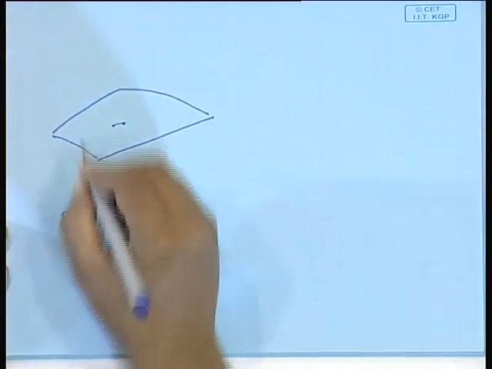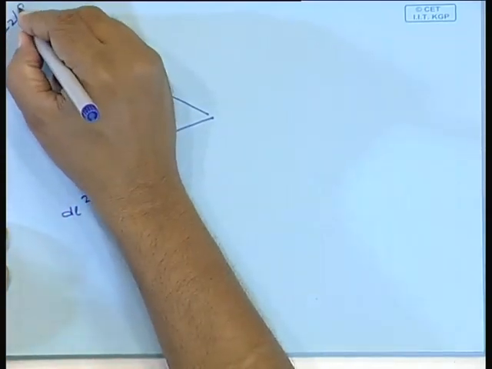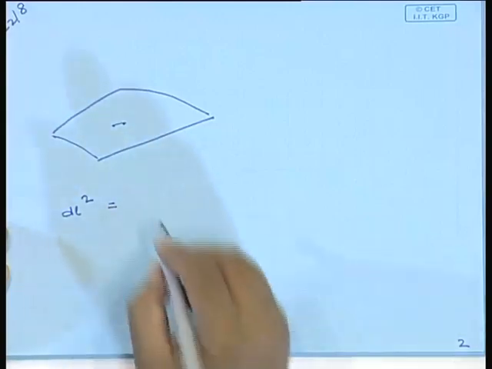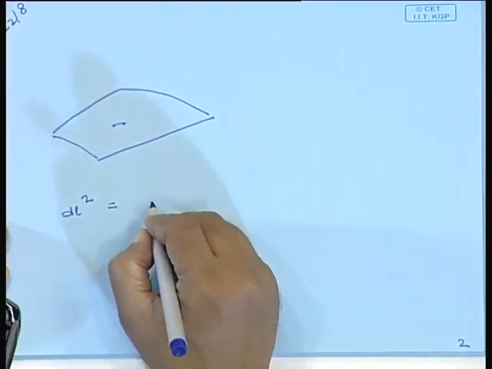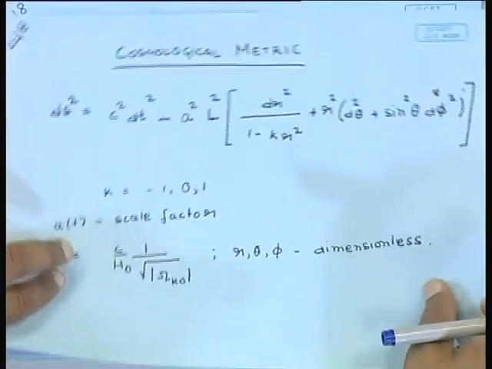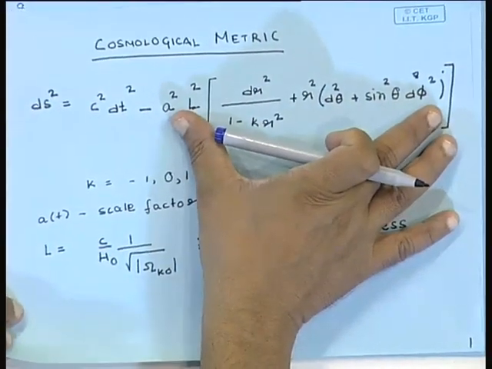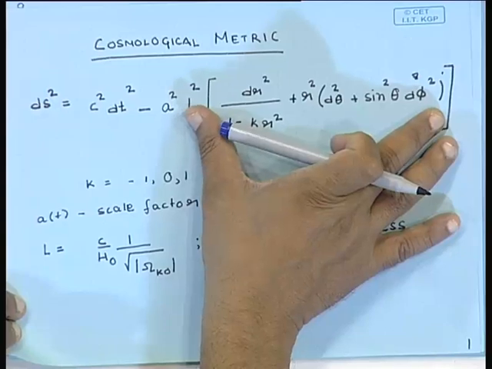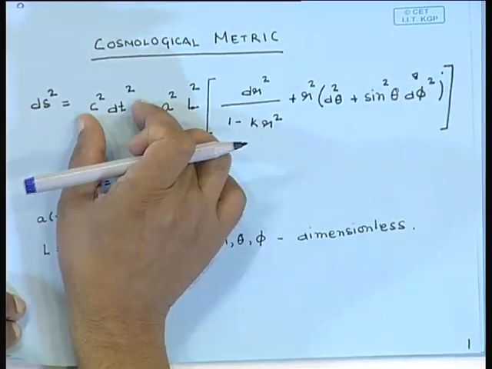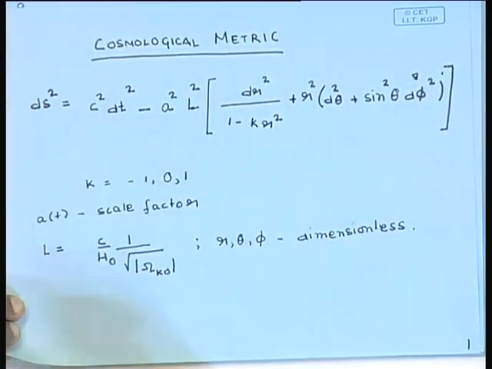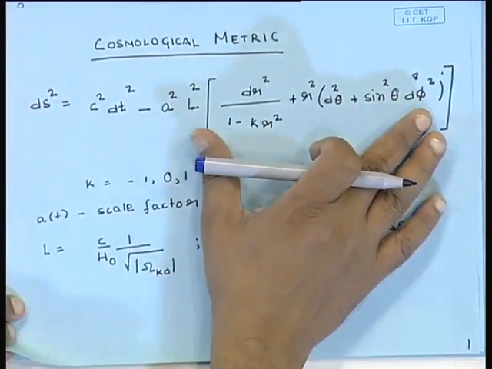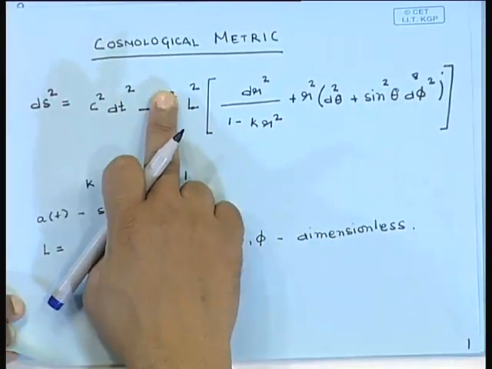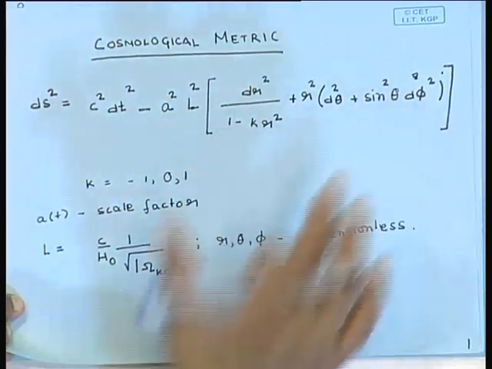dl square is L square. So, you can identify which part. This part is the spatial, this tells you the length, the distances, this tells you the time interval. Together you get the interval, this tells you the time elapsed, this tells you the distance separation. So, if I take out the scale factor, the remaining thing is the comoving distance.